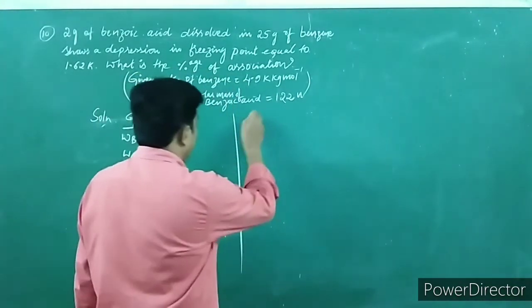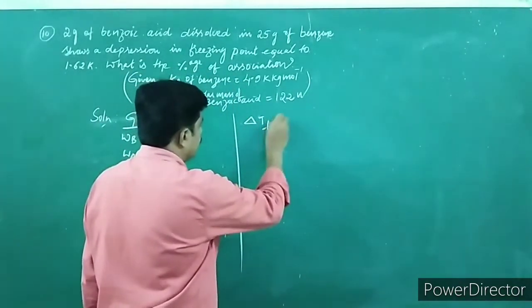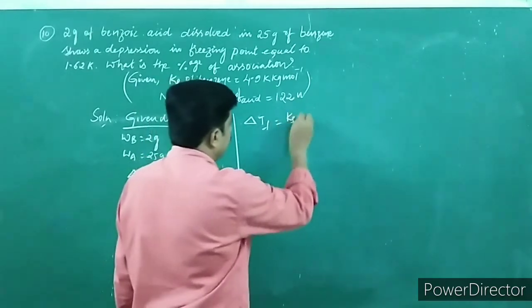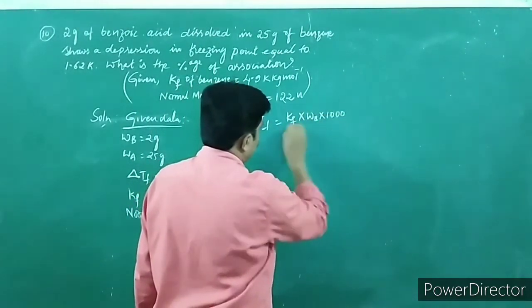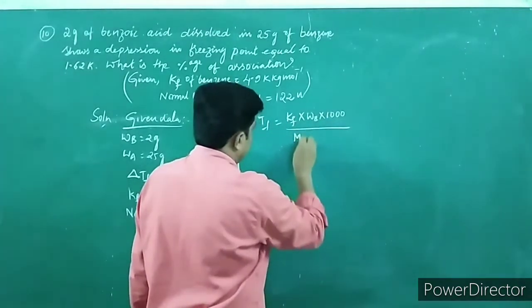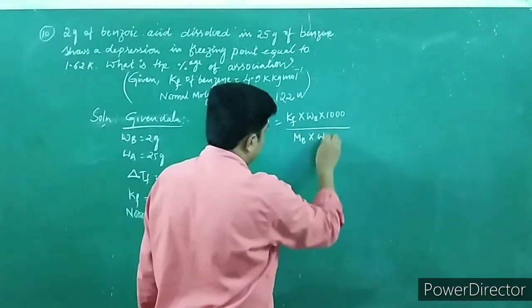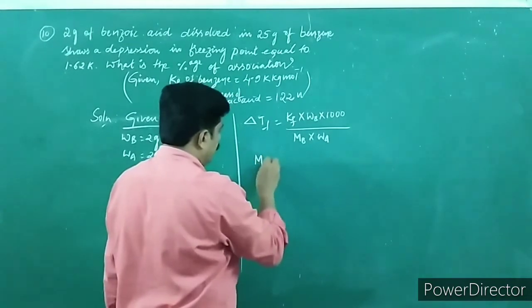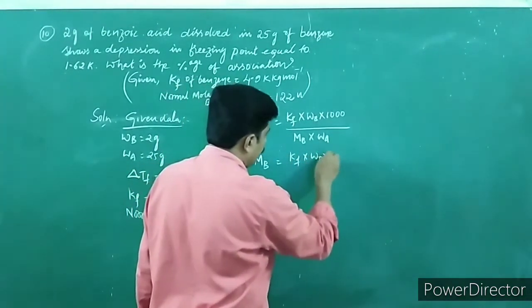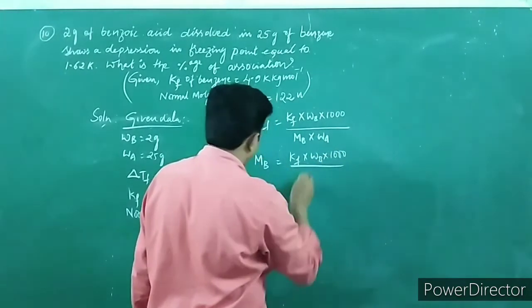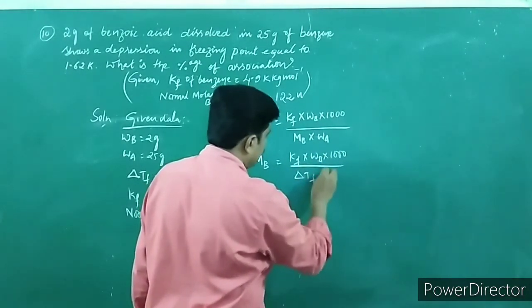Look here, we have delta TF is equal to Kf into WB into 1000 upon MB into WA, is it not? Now the observed molar mass you are supposed to find: Kf into WB into 1000 upon delta TF into WA.